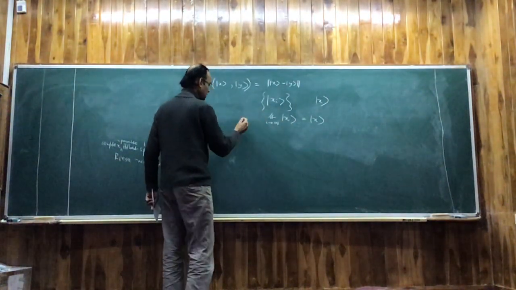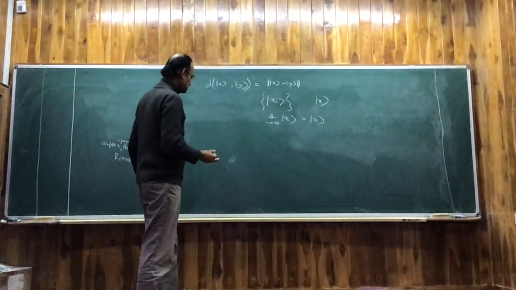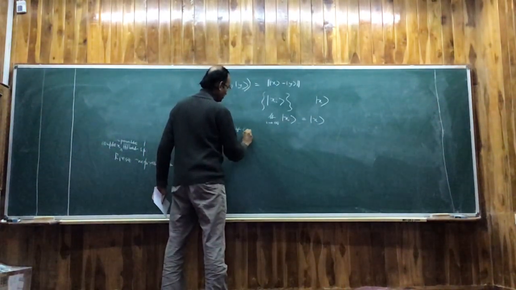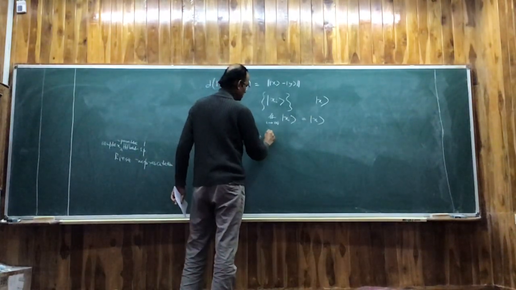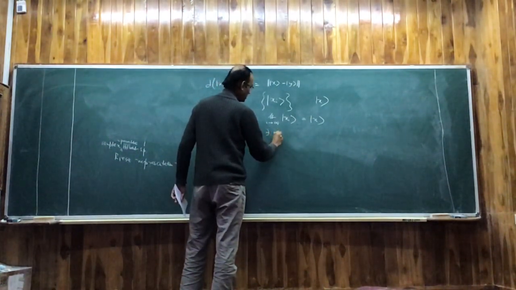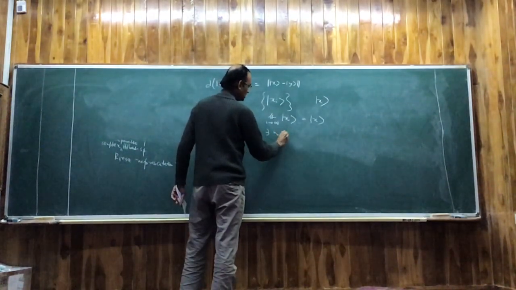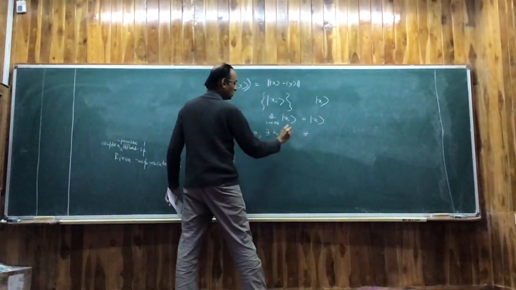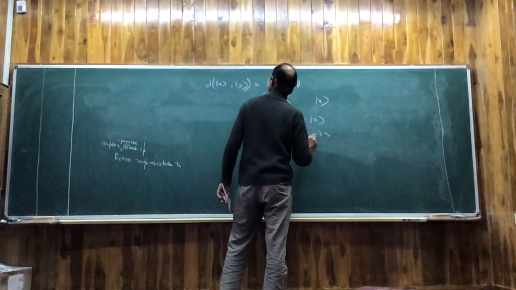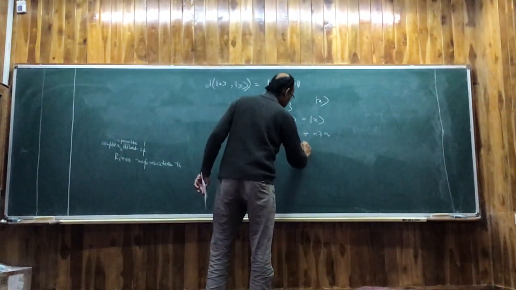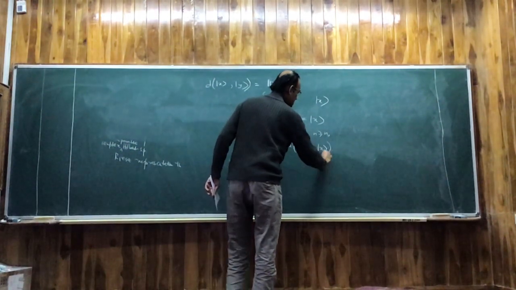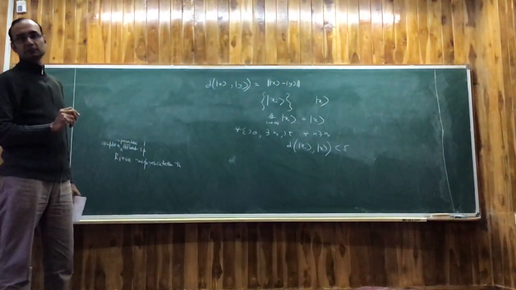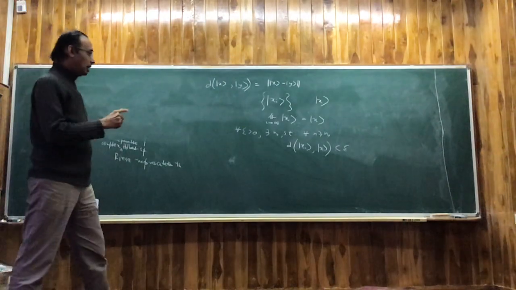If you want to make it more mathematically correct, then you have to say that for all epsilon greater than 0, there exists a natural number n0, such that for all n greater or equal to n0, d(x_n, x) is less than epsilon, for any vector in the sequence after n0.